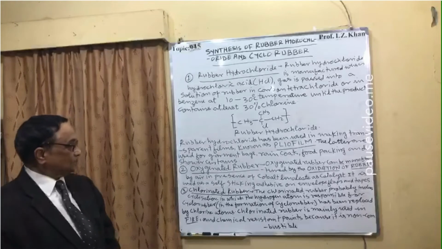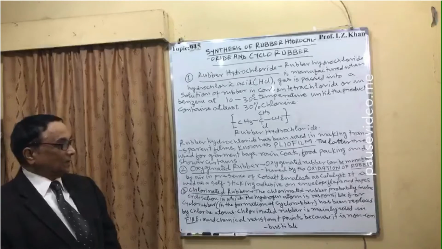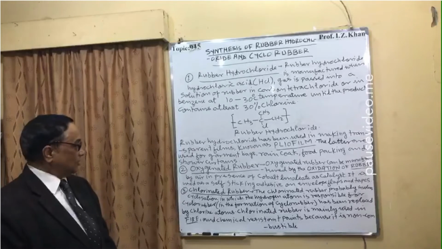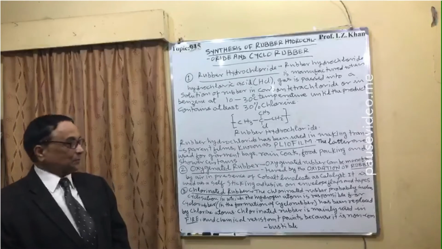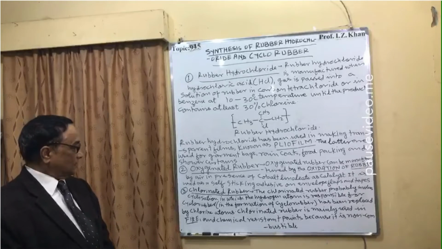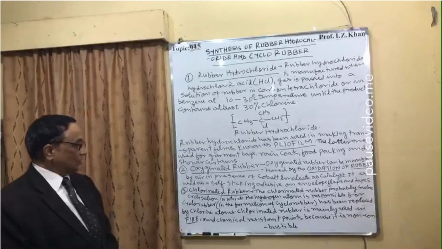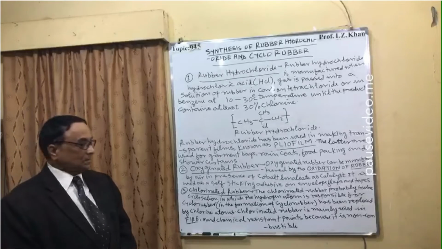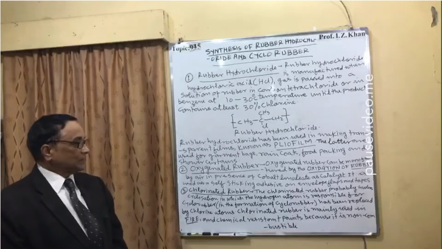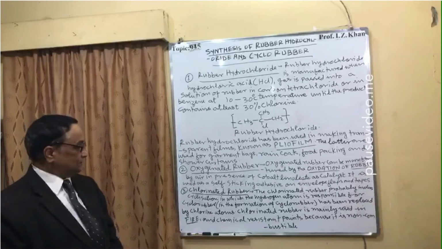Number 3, chlorinated rubber. Chlorinated rubber probably involves cyclization, in which the hydrogen atoms of cyclorubber have been replaced by chlorine atoms.